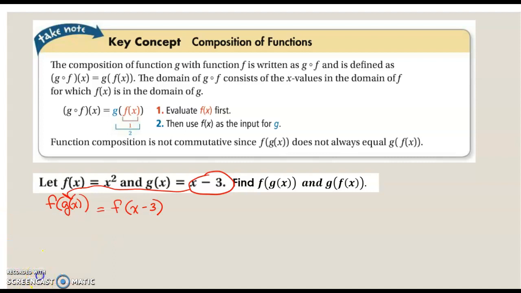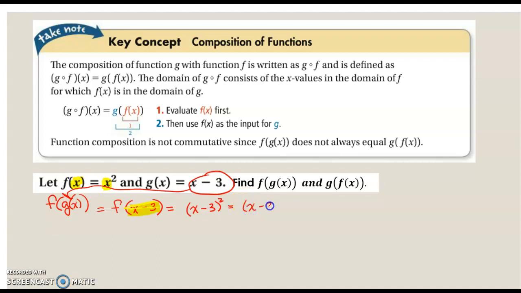And now, where you've got x minus 3, you're going to put in for x. So this is going to be x minus 3 squared.